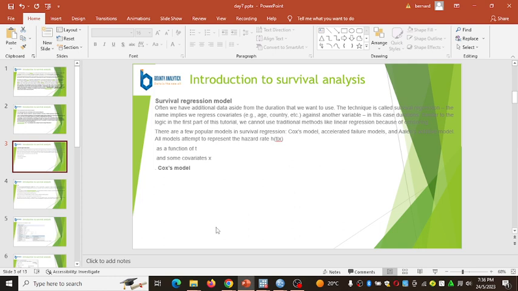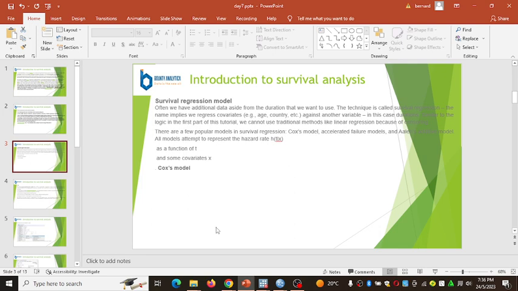The survival regression model is designed to handle censored data, where some subjects do not experience the event of interest within the study period or are lost to follow-up.